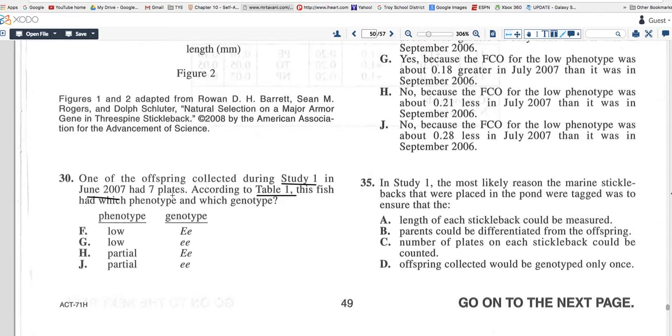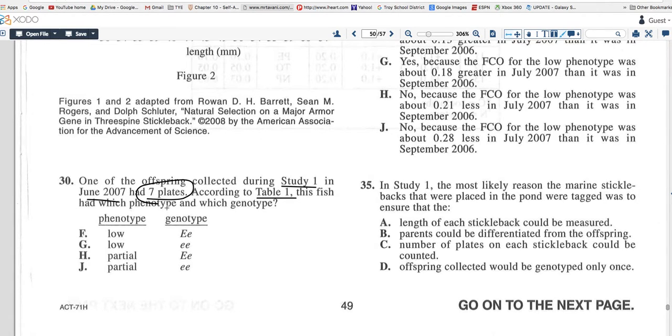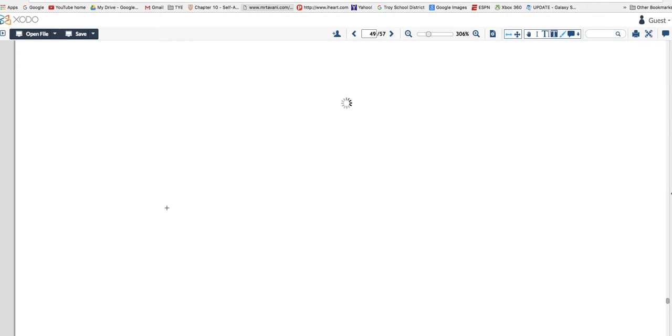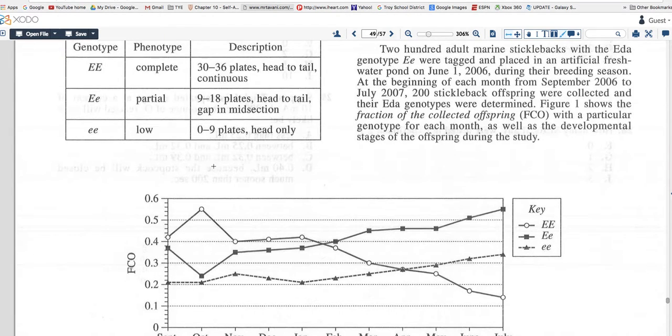Good. So they're basically asking in study 1, June 2007 had 7 plates. That's the indicator for this one. According to table 1, this fish had which phenotype and which genotype. So I'm going to go over to table 1, and I'm going to look at numbers. Which one had 7 plates? Well, it's 0 to 9, so it needs to be a phenotype of low and a genotype of EE.